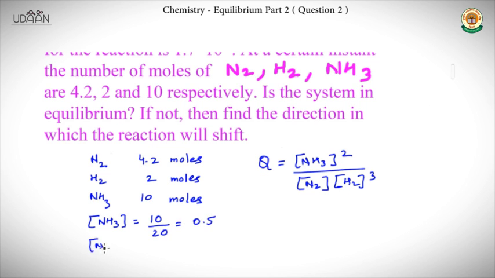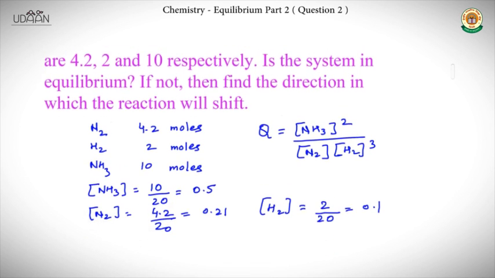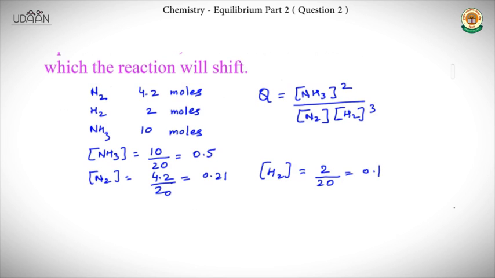For nitrogen, it is 4.2 by 20, which is 0.21. And for hydrogen, the number of moles is 2 and the volume is 20, so it is 0.1. These are the concentrations, which is moles per liter. And the unit is molar.